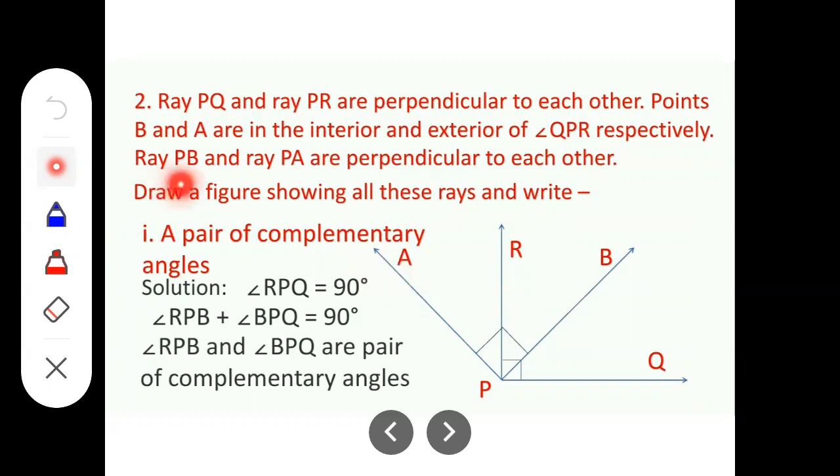Now ray PB and ray PA. So we have to draw ray PA and PB. So here see ray PB and this ray PA. Okay, so we have to draw two rays and the points should be taken in such a manner that those two rays will also be perpendicular to each other.